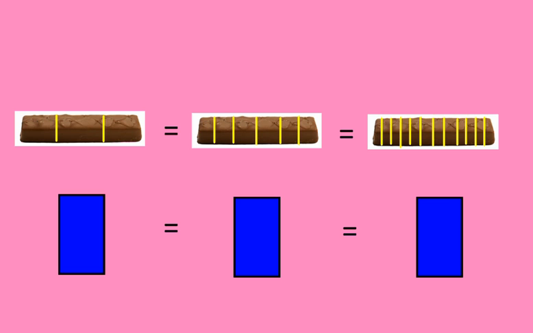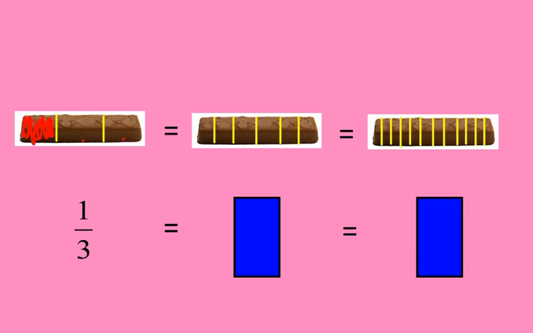So if I look here, I have 3 candy bars. Let's say I wanted to eat 1/3 of my candy bar. The first candy bar is divided into 1, 2, 3 equal pieces. Let's say I ate 1/3 of the candy bar. I would show that as 1/3.